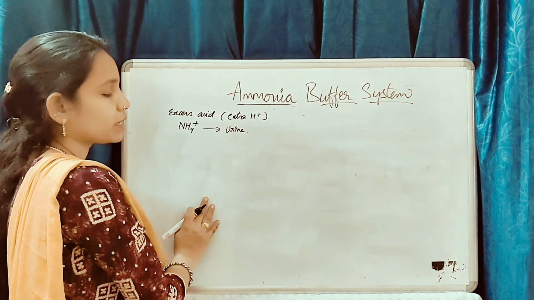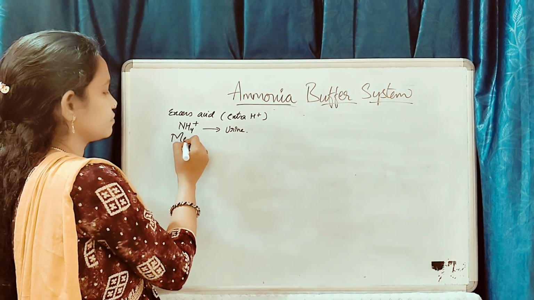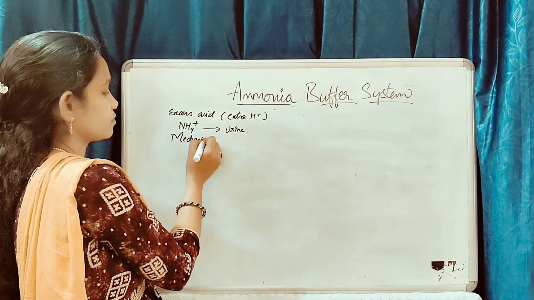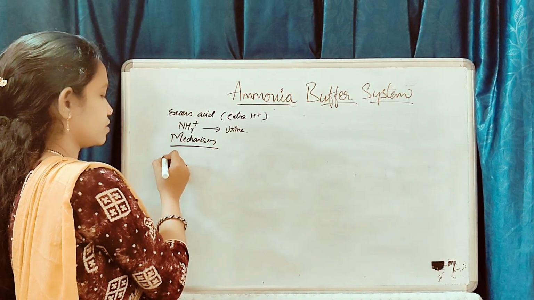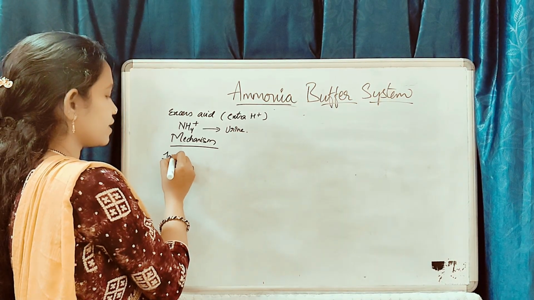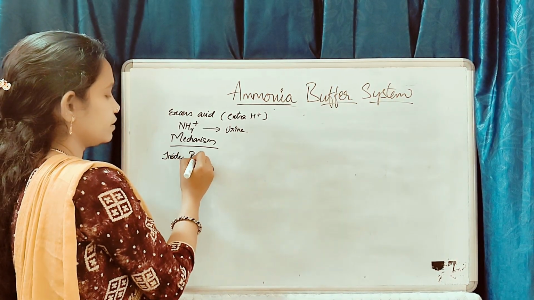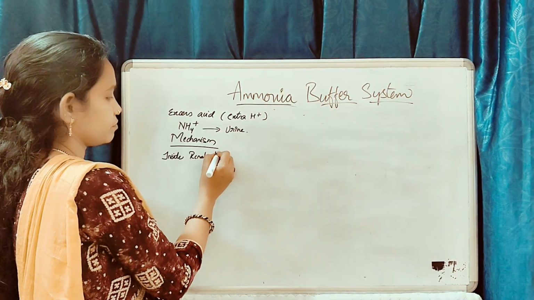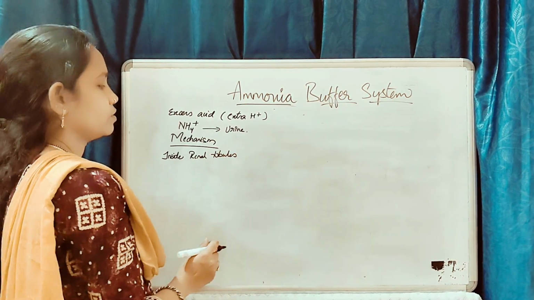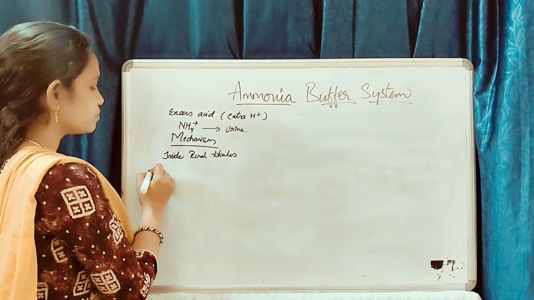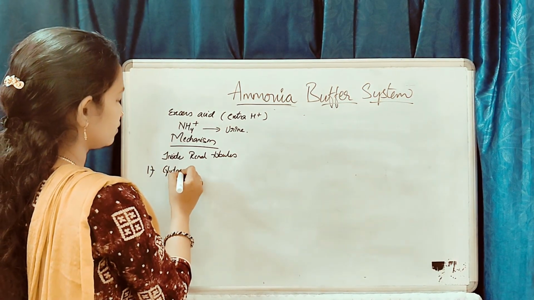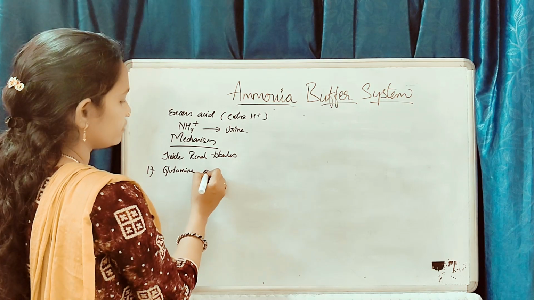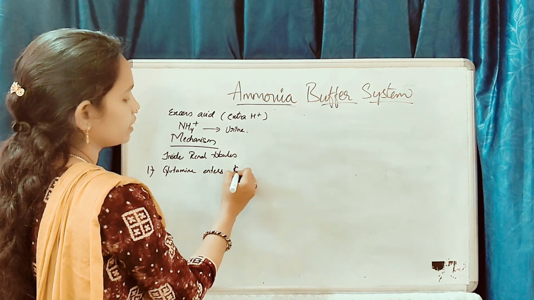Now let's see the whole mechanism. It takes place inside the renal tubules. What is the first step? First, the glutamine enters kidney cells.